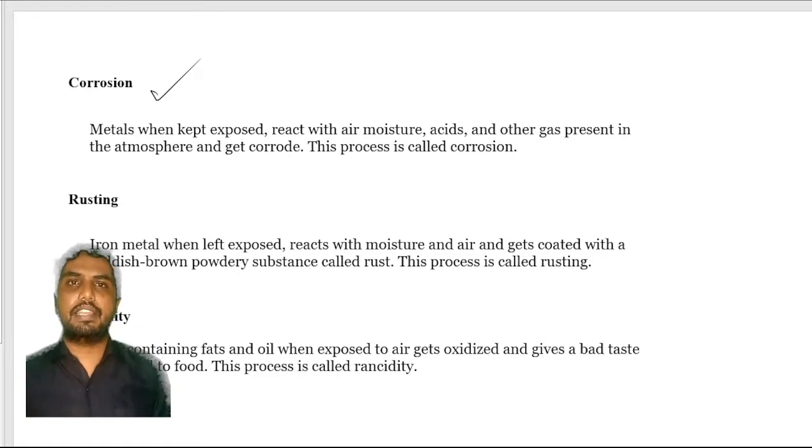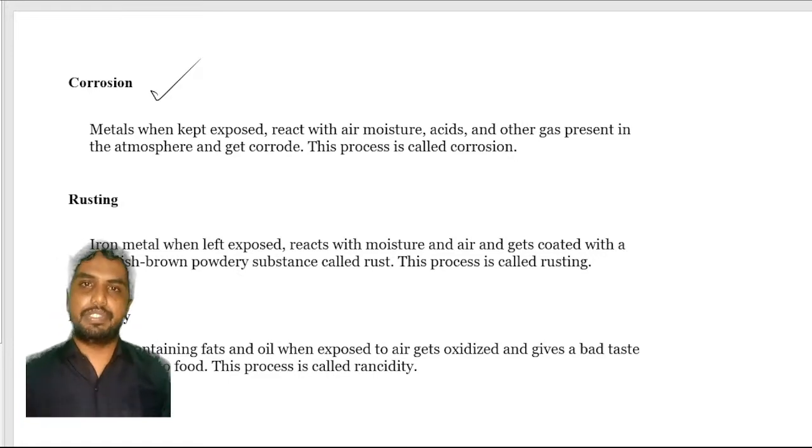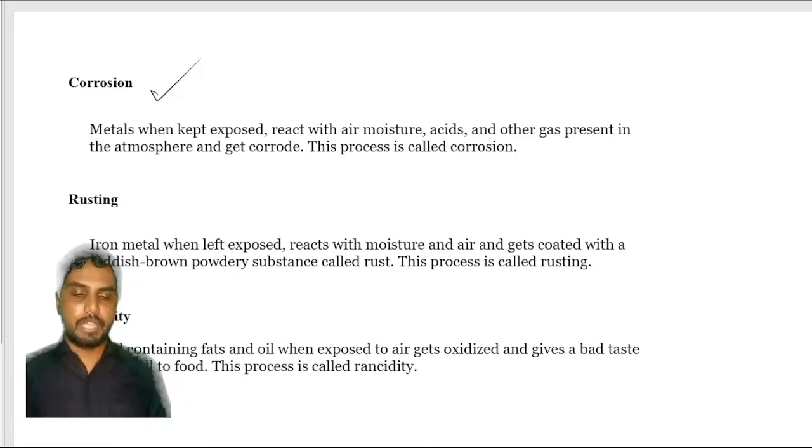That's why you can use the vessels year after year, or else they would corrode immediately when you use them for cooking or washing and all other things. They would start to corrode and lose their chemical nature, right?